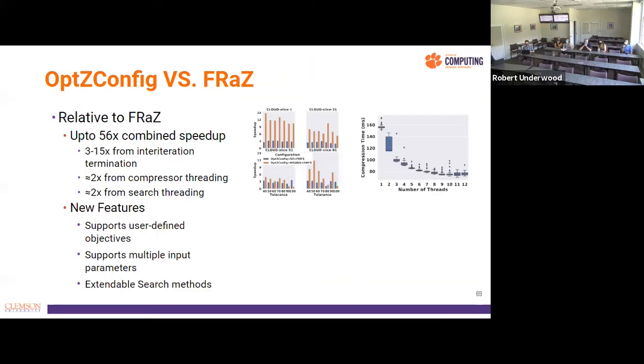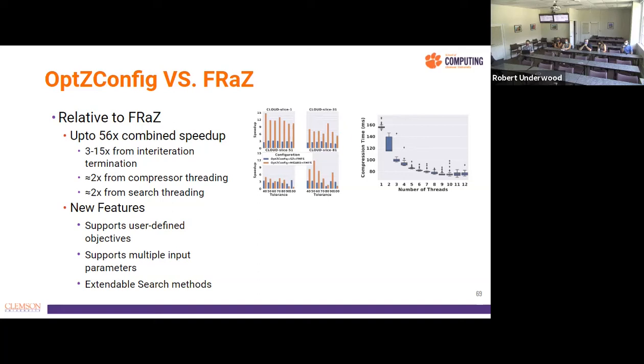When we compare against FRAS, our previous work, we were able to use a set of optimizations to the algorithm in order to achieve a 56x combined speedup over all of the improvements that we made. To understand the impacts of each of the improvements we made, we did an ablation study where we looked at the three major things that we changed. One is the ability for the process to terminate between iterations by introducing additional communication flows in the algorithm.